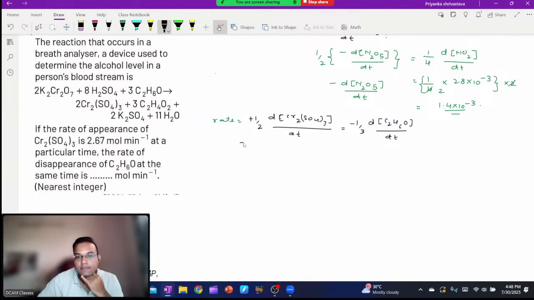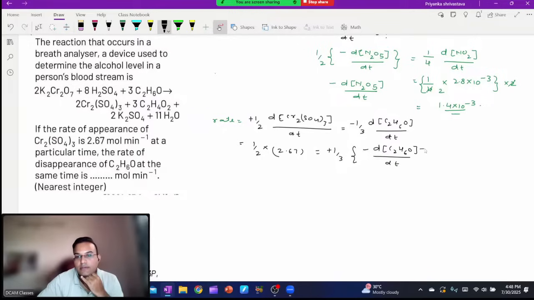They have given this value, d Cr2(SO4)3 by dt, the value is 2.67. They are asking for the rate of disappearance of C2H6O, meaning minus d of C2H6O divided by dt.